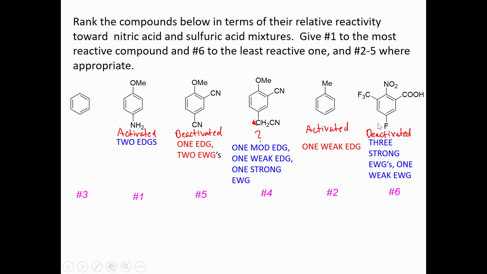And finally, the one that's just chock full of deactivating substituents as number 6. All right. And again, on an exam, we would design the exam so that it's very clear what ranks where. You would not have any ambiguities like you do in 3 versus 4 here.